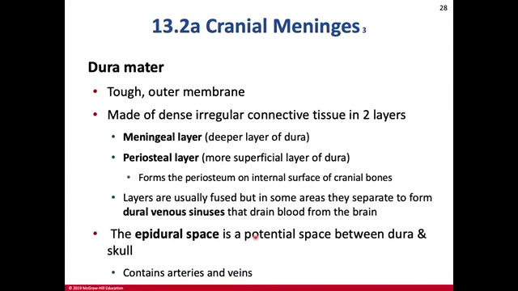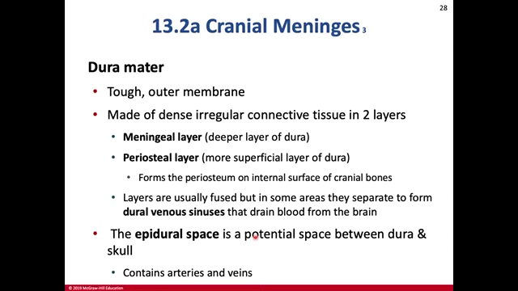Right? The dura mater is the tough outer membrane made of dense, irregular connective tissue, and in the brain it has a meningeal layer, which is the deep layer of the dura, and a periosteal layer, which is the layer of the dura that lies just under the periosteum of the bone.